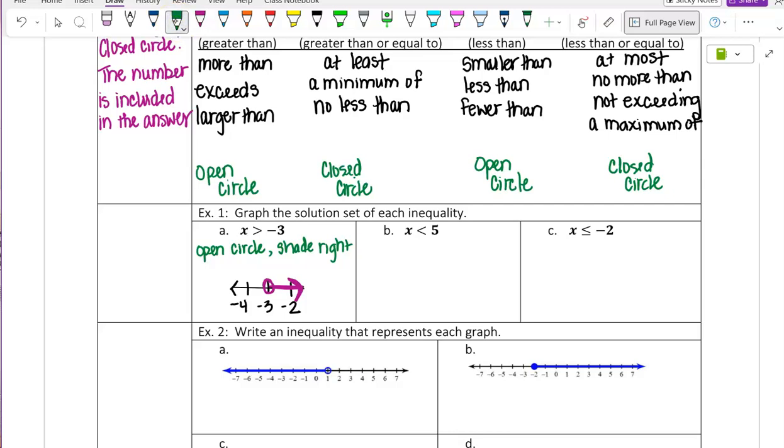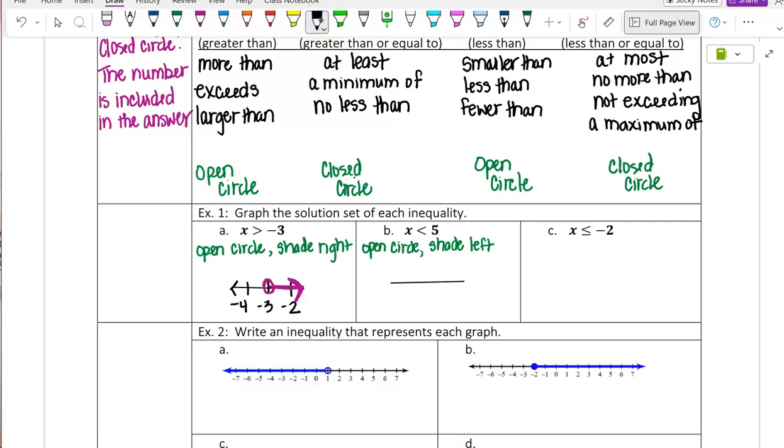Question B, x is less than 5. Less than, we said, is also an open circle. This inequality symbol points to the left, so we are going to shade left. That's where all the numbers that'll be less than 5 will reside.